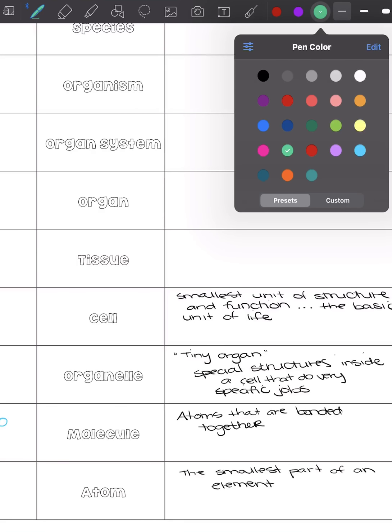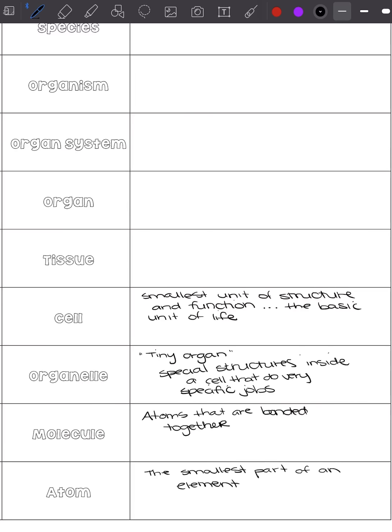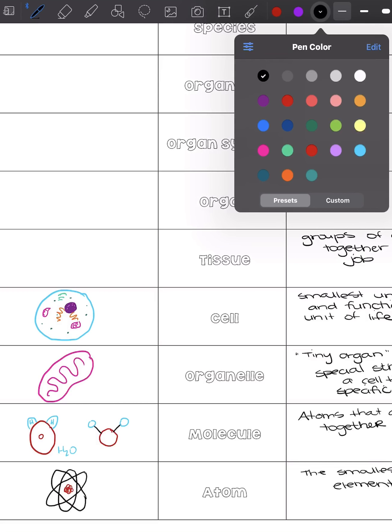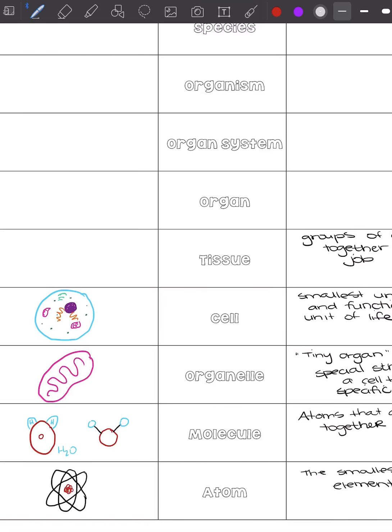Tissue. These are groups of cells that work together to do a specific job. So tissue, I guess this one's kind of hard, but you could draw a bone, because that's a tissue.